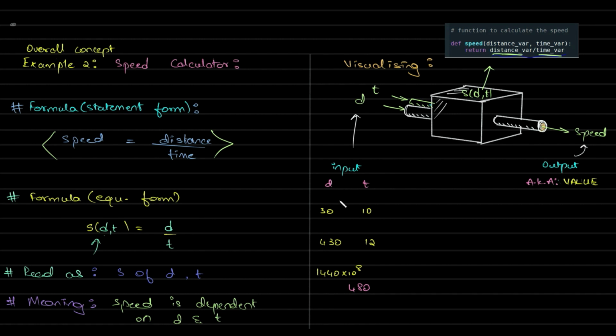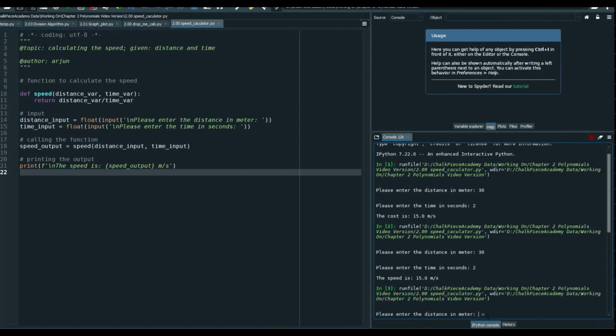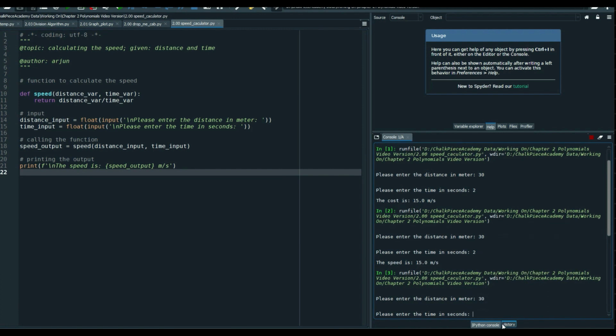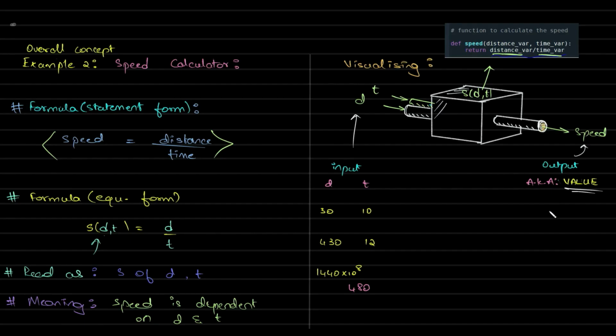There are different distances and times that we have been given, and we have to find the respective values. Values are nothing but the output for a specific input. So we have distance and time to be 30 and 10. Distance is 30, time is 10, the speed is 3 meters per second.